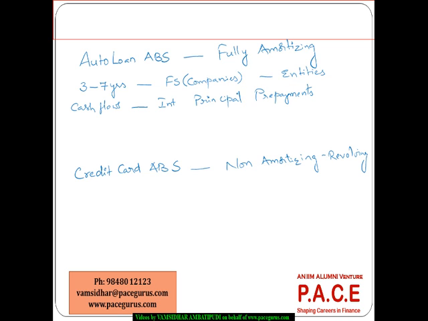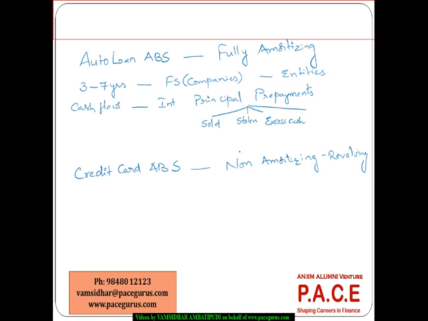In case of vehicle loans, the prepayments are because of various reasons. One, I've sold the car, and because I've sold the car, I can prepay it. Or my car is stolen, so I have applied for insurance, and the insurance proceeds are typically used to pay off this loan. Or simply I had some excess cash with me, because generally a car is much cheaper compared to a property.